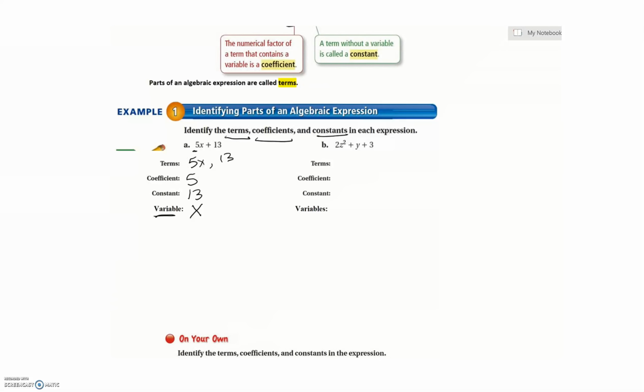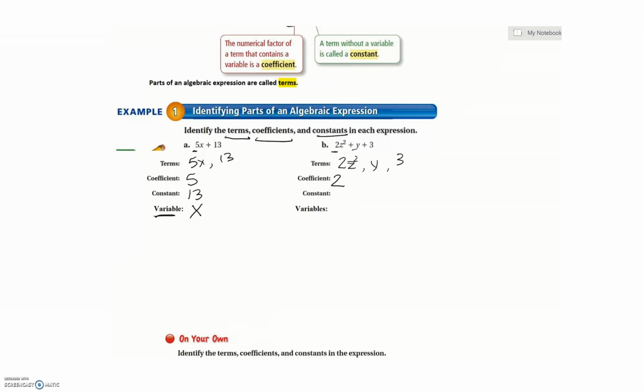Let's look at part B. Again, terms are separated by addition, so I have 2z squared, y, and 3. Coefficients are anything in front of the variable. We can plainly see that the 2 is in front of that variable. But then I have another variable, and there is a coefficient for that variable. It is what I call one of our invisible numbers.